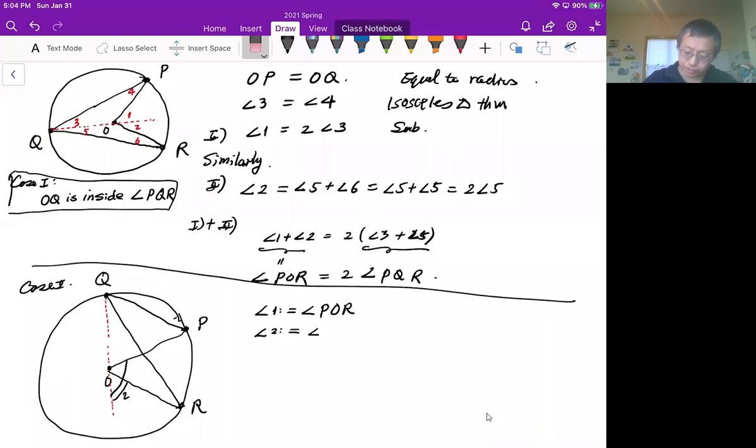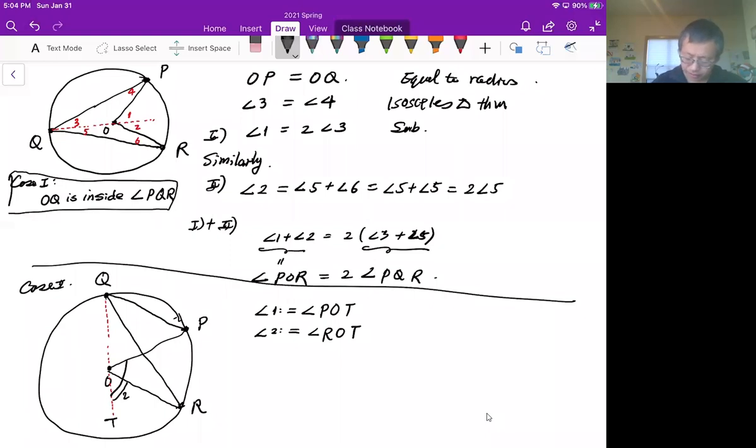Let me use a T for that. So that's a T here. So angle P, O, T, and then R, O, T. Everybody's okay? The rest of them should be still fine. Let me just do that one by one.